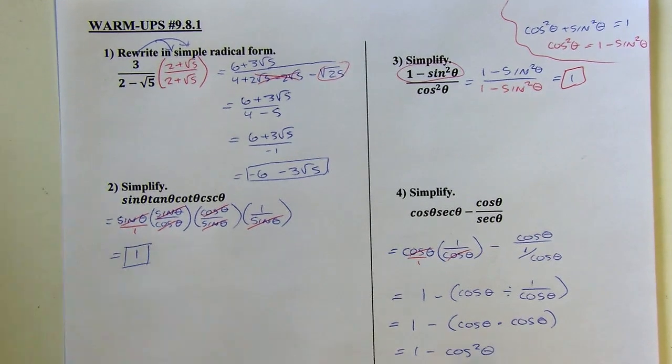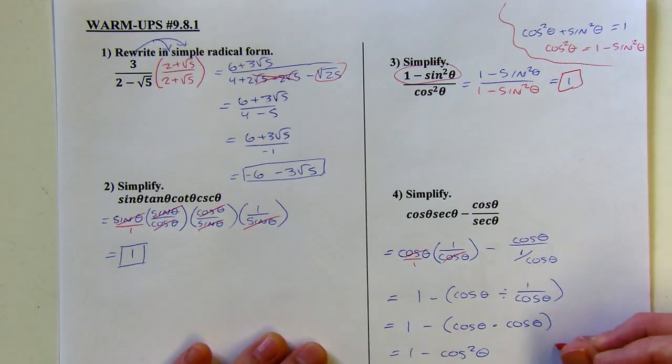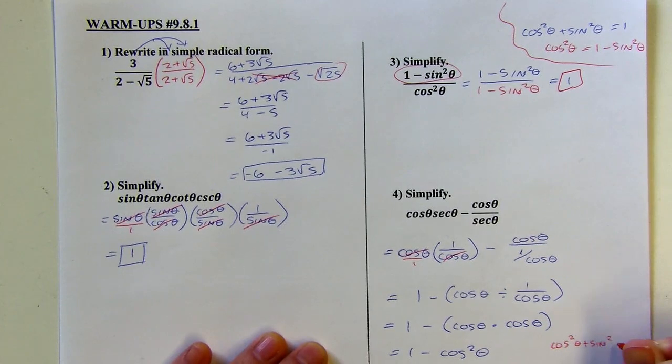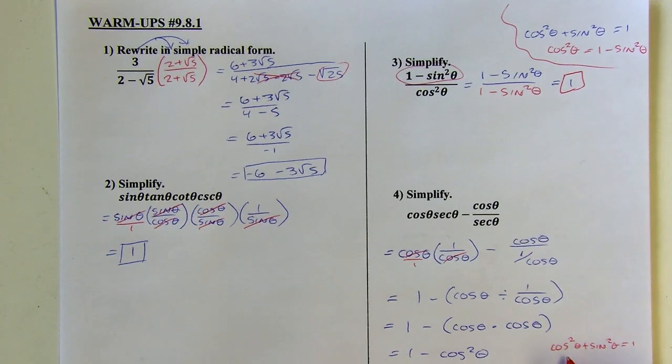And you could play around with the Pythagorean identities again. So here's my Pythagorean identity. I'm looking at that and thinking, can I get one of the sides to say 1 minus cosine squared? Sure I could, by subtracting cosine squared theta from both sides.